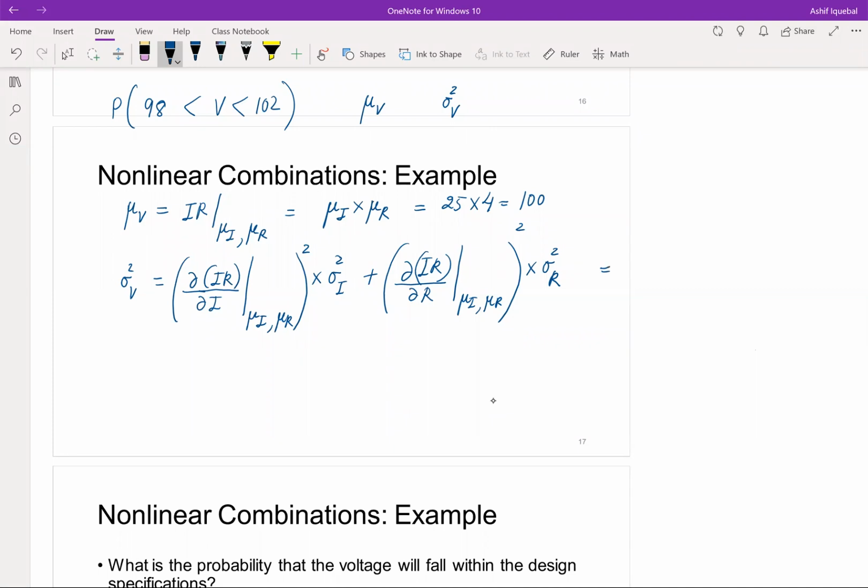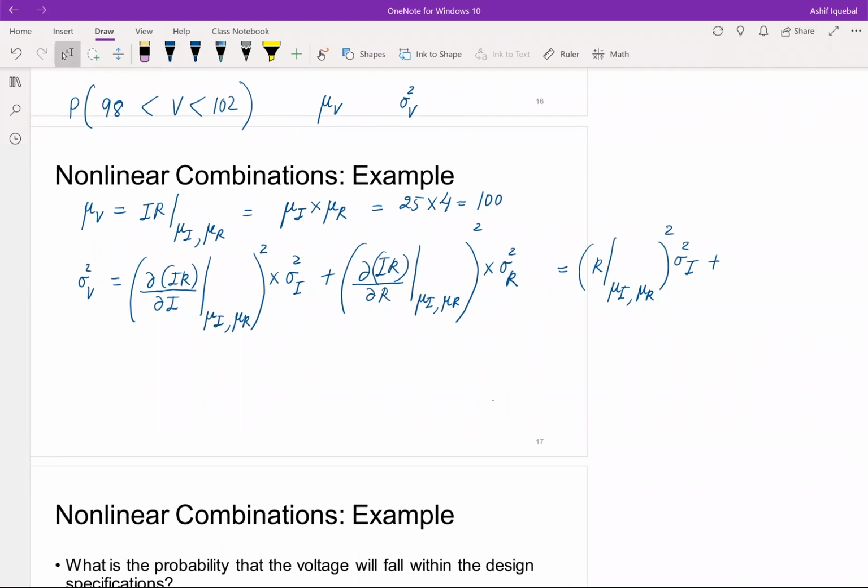Derivative of IR with respect to I is just R, and we can evaluate this at mu I comma mu R, square of this times sigma square I, plus derivative of IR with respect to R is just I. Evaluate this at mu I comma mu R, square of this times sigma square R.